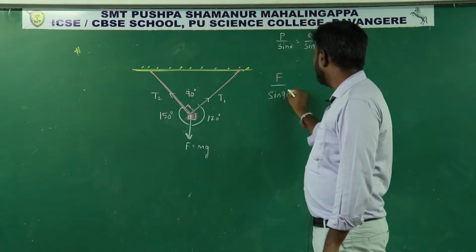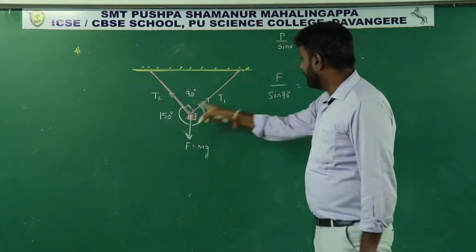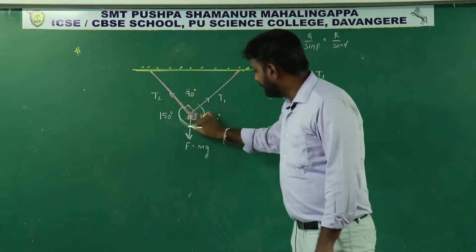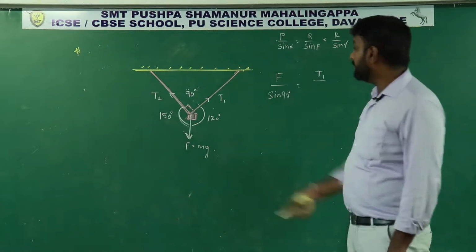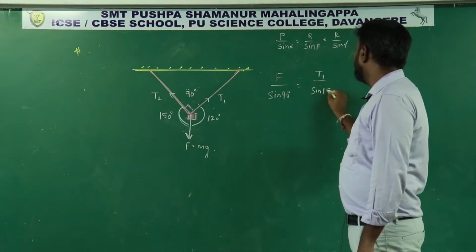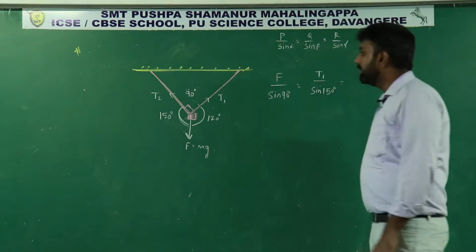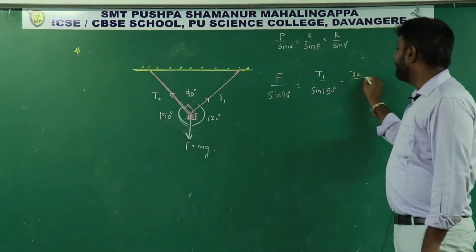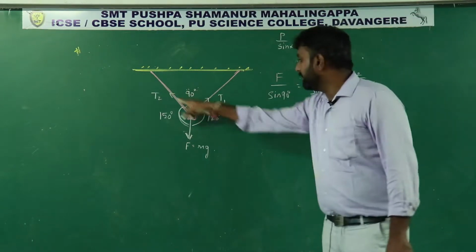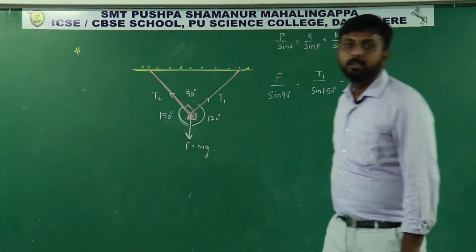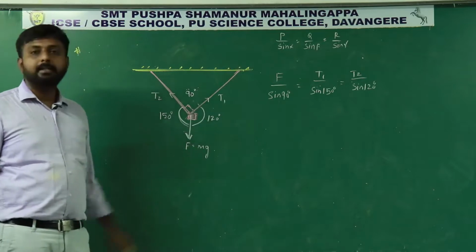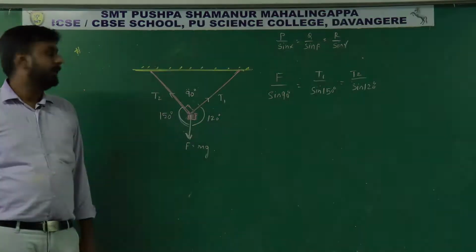This is equal to T1 divided by the opposite angle, the angle between the other two forces, that is sine 150 degrees. This is equal to T2 by sine 120 degrees. T2 is this force, and the angle opposite is the angle between the other two forces, that means 120 degrees. Like this we can apply.